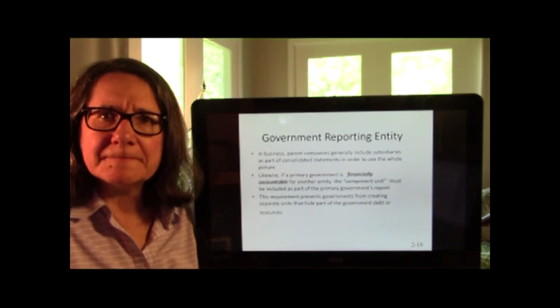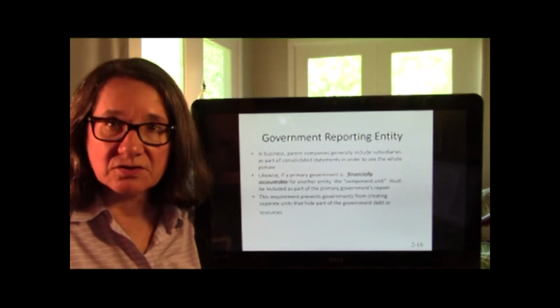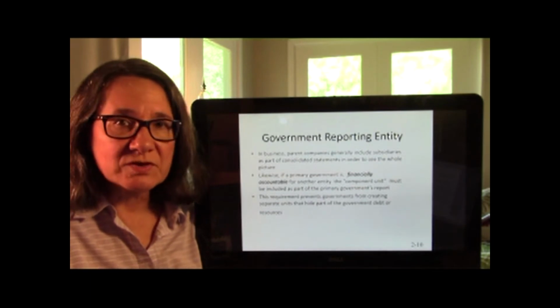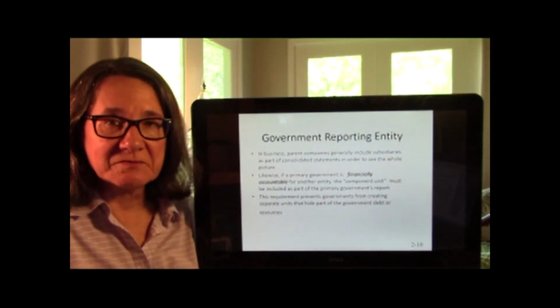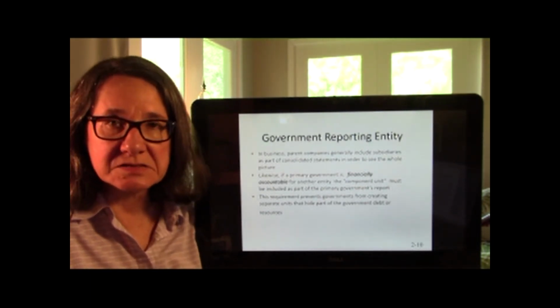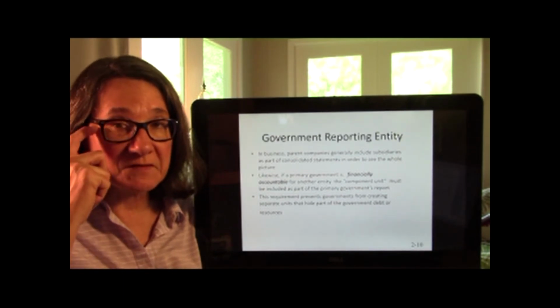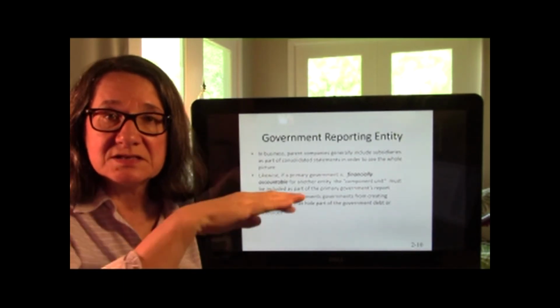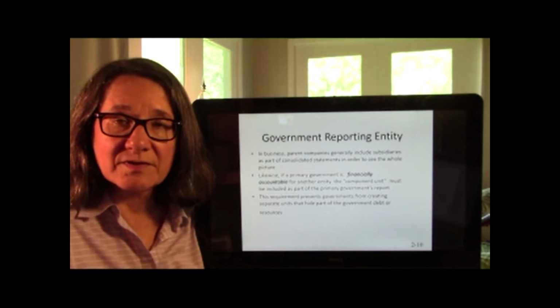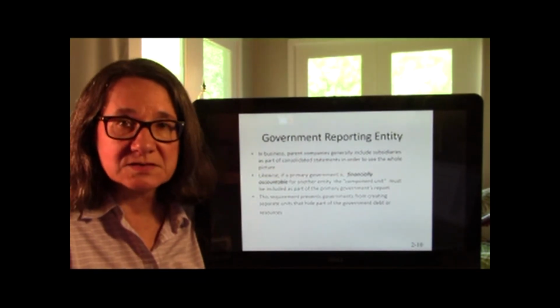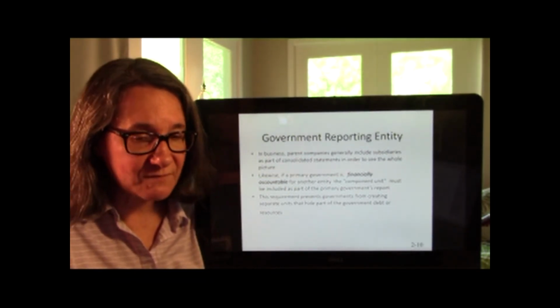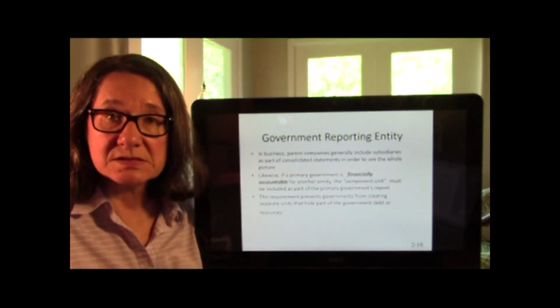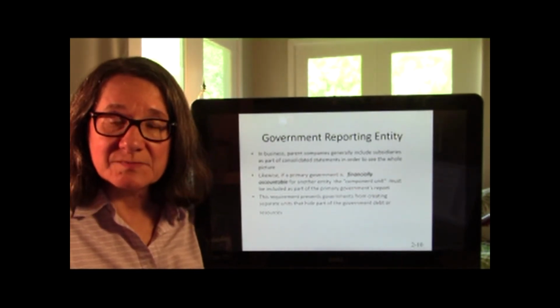Just like Facebook owns Instagram. I'm sure Instagram has its own separate stream of revenues and expenses and its own assets and liabilities. But if you look at Facebook's financial statement, it just says Facebook and all the revenues and expenses, and you don't know what came from Instagram and what came from Facebook. And they do that on purpose because they don't want you to know, maybe, especially competitors.